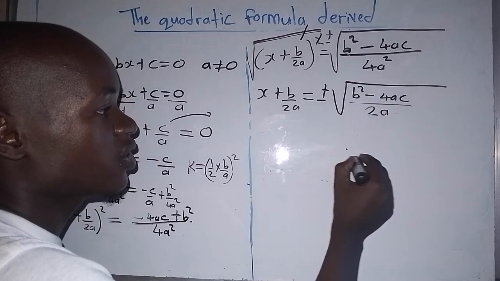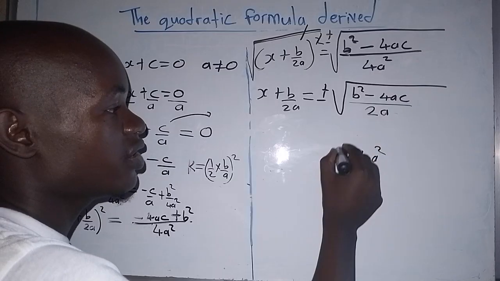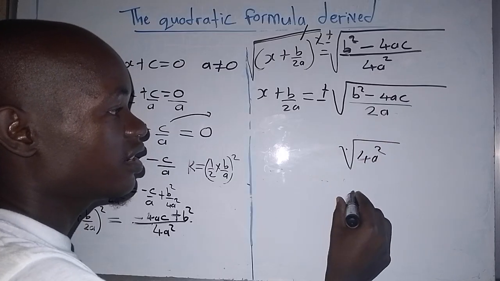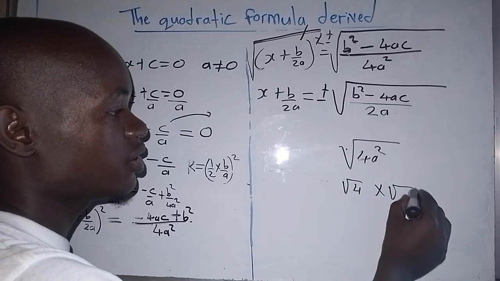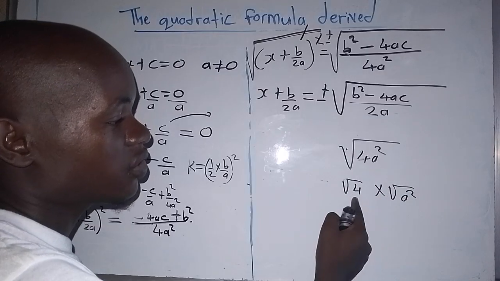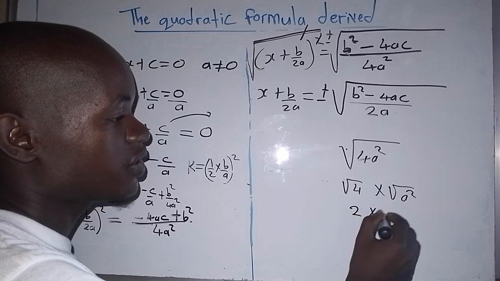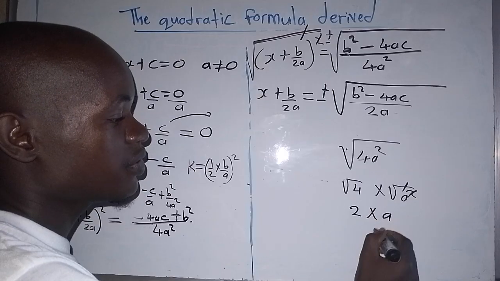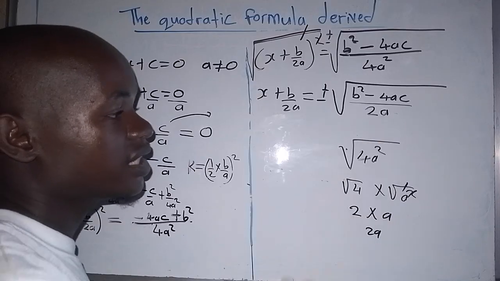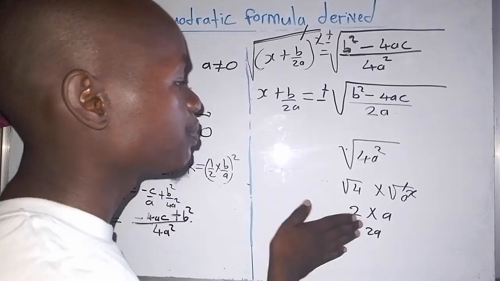So the square root of 4a squared is the square root of 4 times the square root of a squared: 2 times a is 2a. This is why we are getting 2a, as you can see.